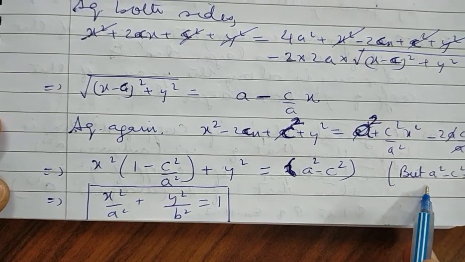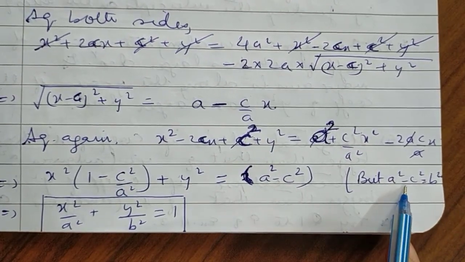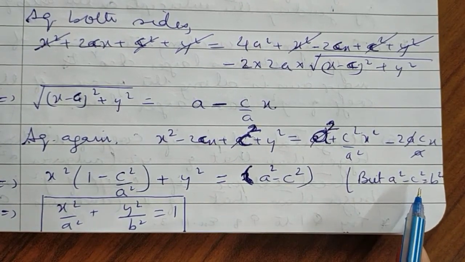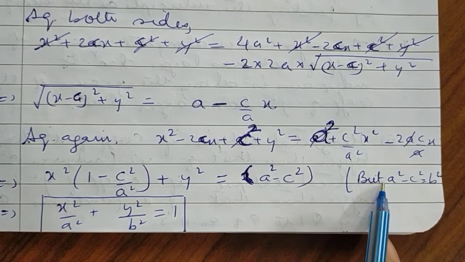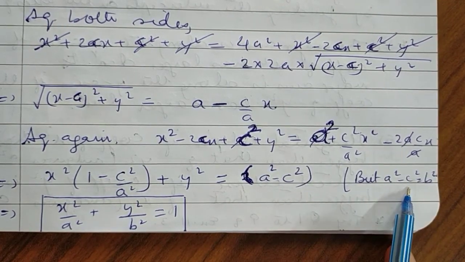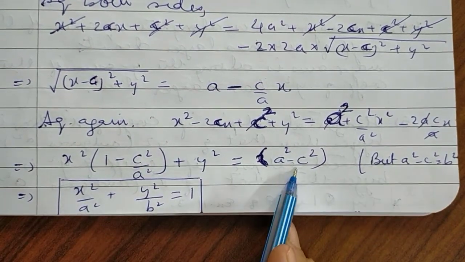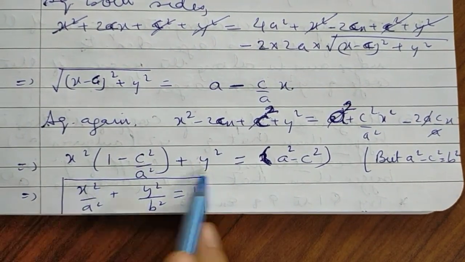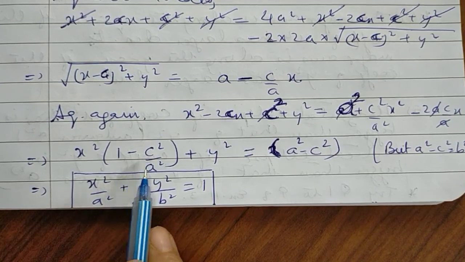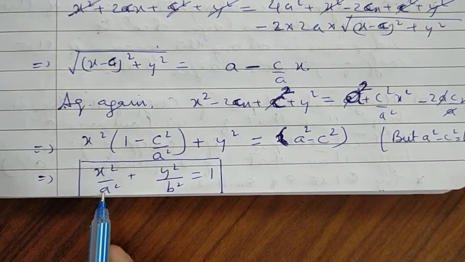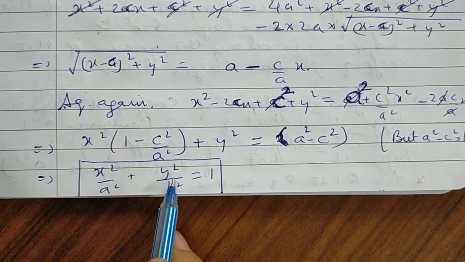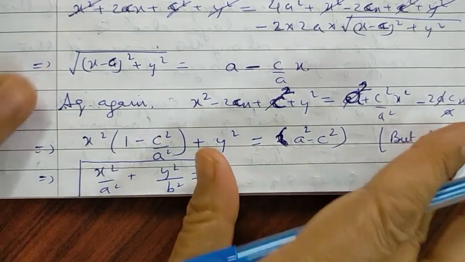But for an ellipse, a squared is equal to b squared plus c squared, or b square equal to a squared minus c squared. So replacing a squared minus c squared by b squared and dividing throughout by b squared, we get x squared over a squared plus y squared over b squared equal to 1, which is the required equation.